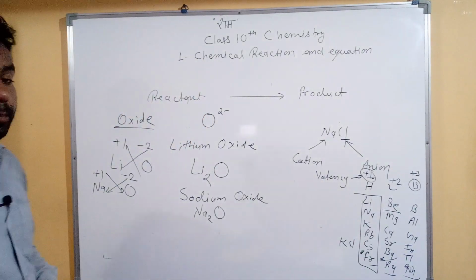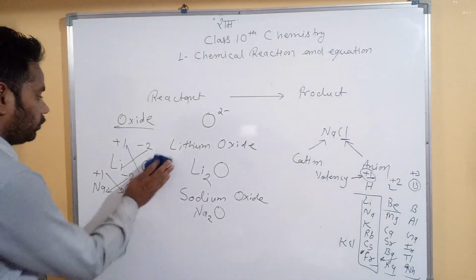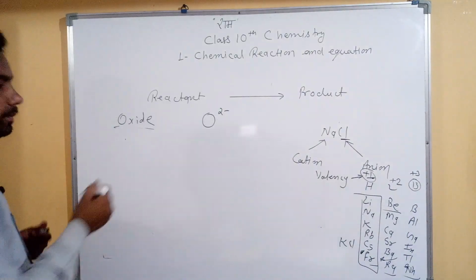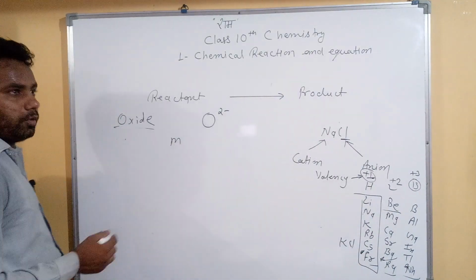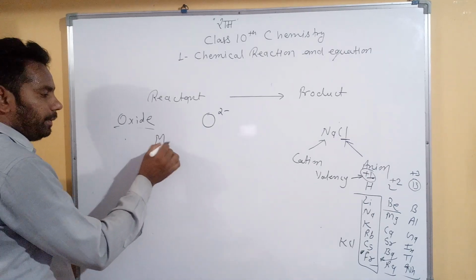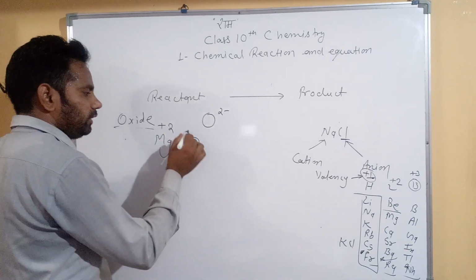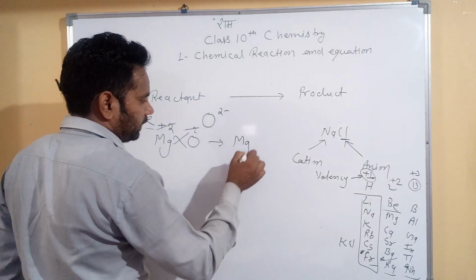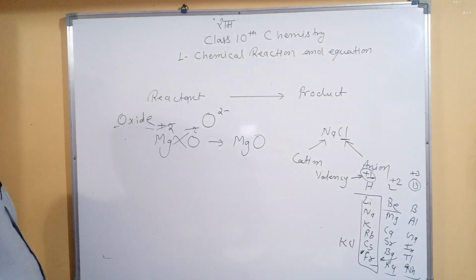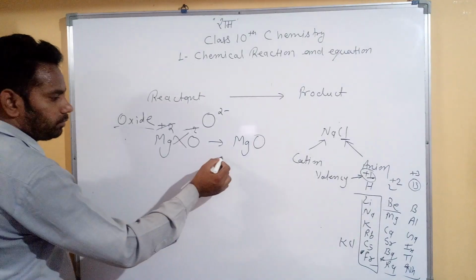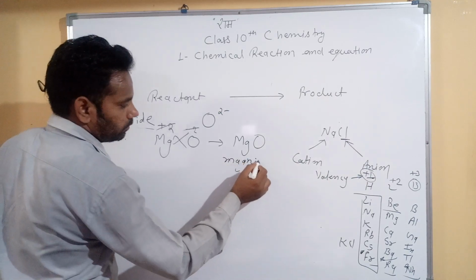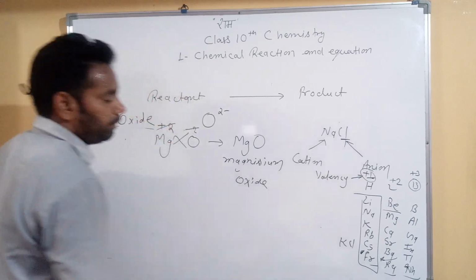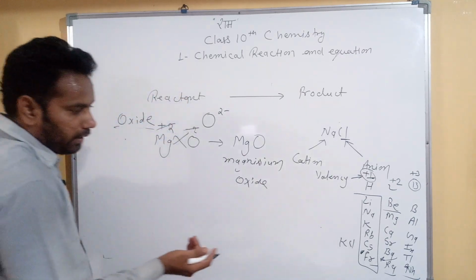Again, if I want the formula of magnesium oxide, how do I prepare it? Mg is +2, with M capital, and oxygen is -2. Cross multiply, so plus and minus cancel. The formula of magnesium oxide is MgO. Then one more, calcium oxide.